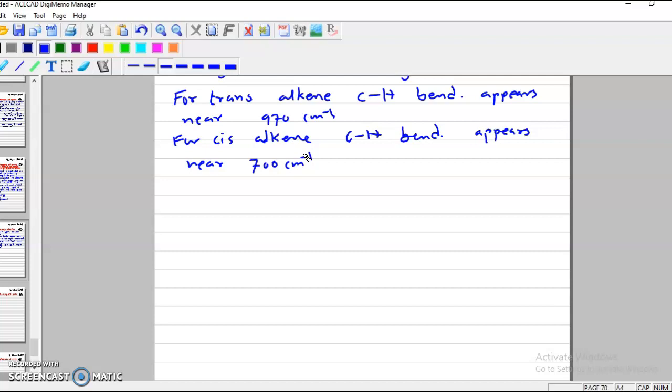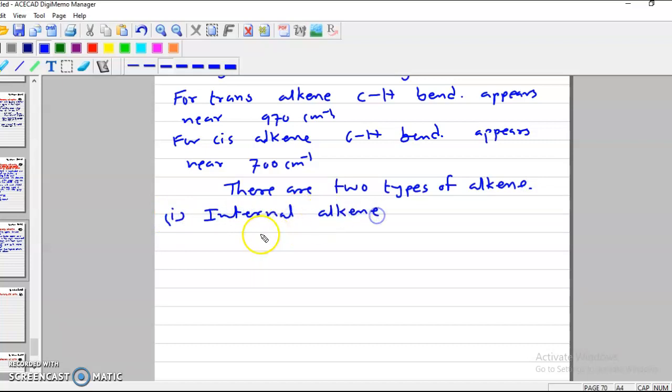But you know that there are two types of alkene. One is known as internal alkene. That means the structure may be like this. There will be C double bond C but inside the chain.